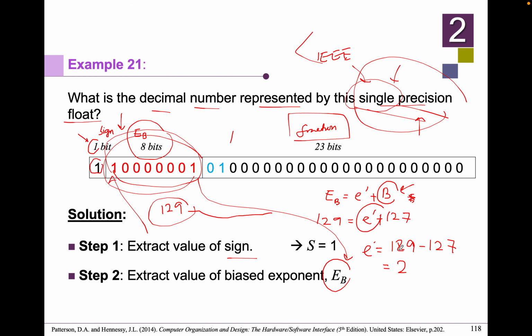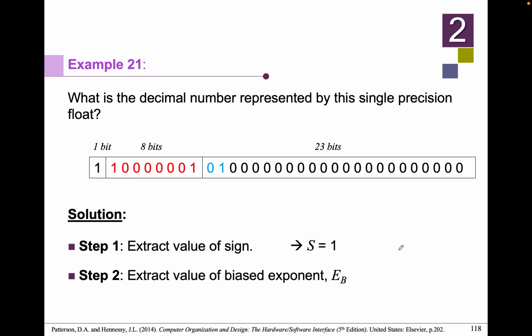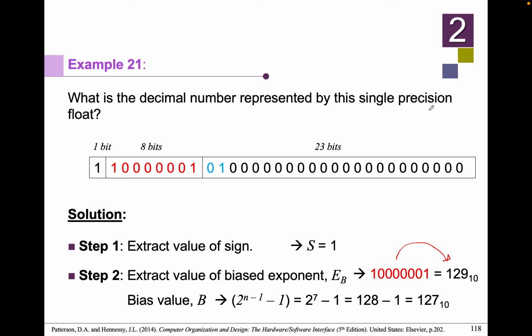So this is your E prime. My writing is very ugly. Your bias value for single precision is 127. It is fixed, as I mentioned, for single precision, and double precision also has its own bias value.